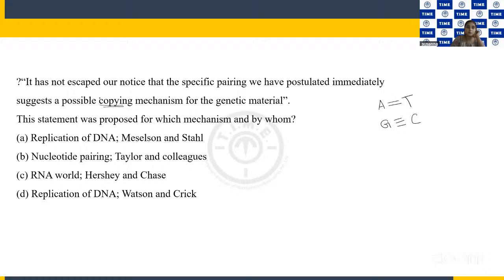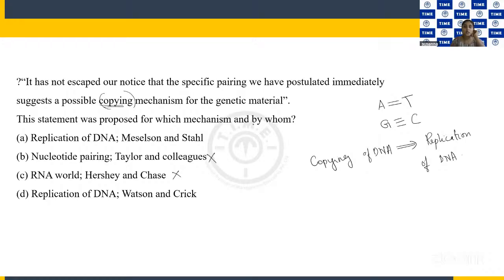Copying of DNA means nothing but replication of DNA. So we can cancel out these two options.